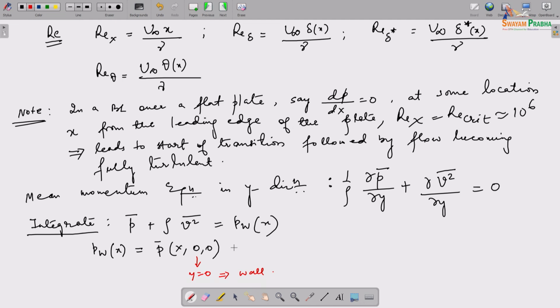That is what I have written here. Therefore, dP/dx is equal to dP_w/dx, and that's why I'm calling it W, which essentially means wall.